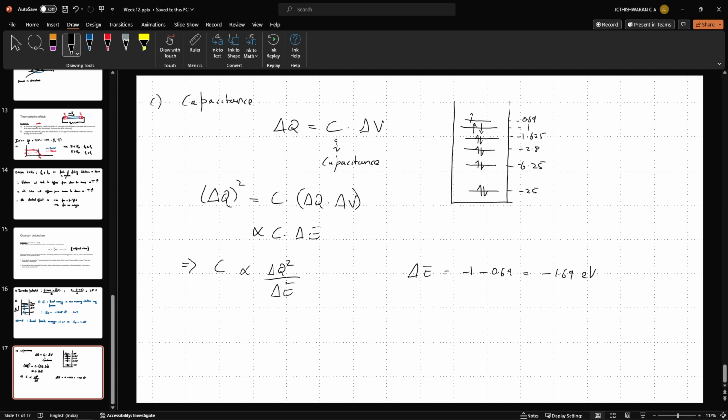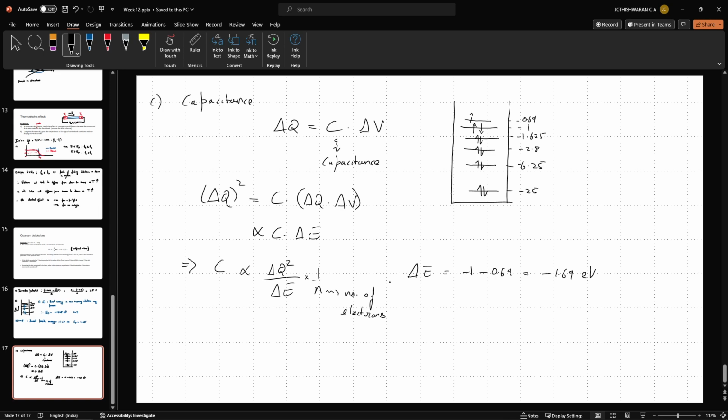Now the capacitance is exactly this. It is actually the average energy per electron, where n is the number of electrons.